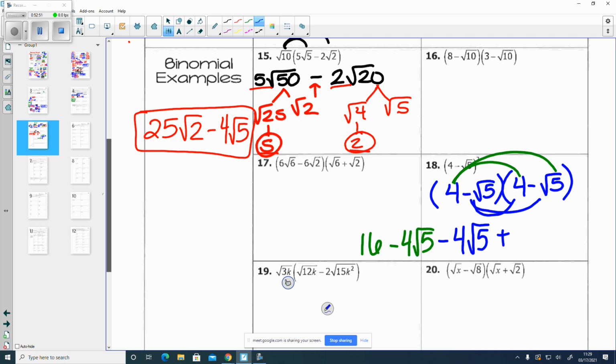So plus, and then 5 times 5 is 25. Okay? And then I'm going to simplify where I can. So this gives me 5. So I'm going to get 16 plus 5.